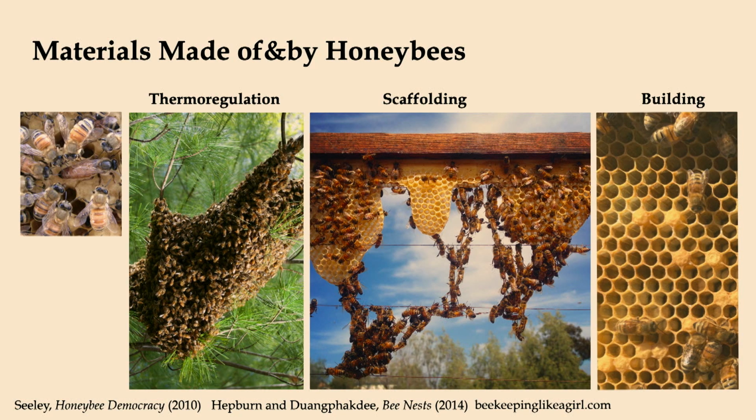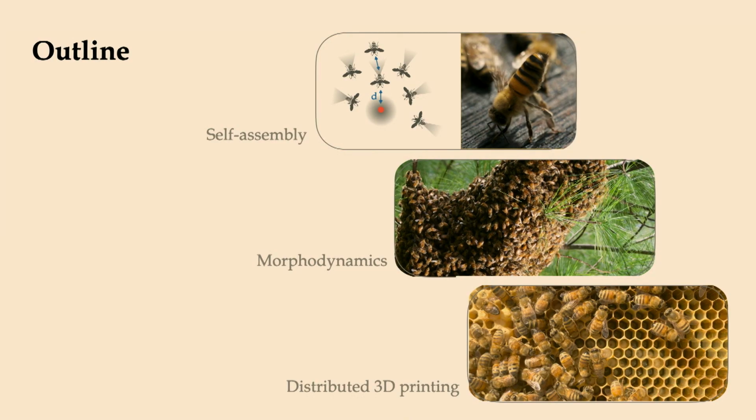So what I want to talk about today is a couple of these processes, but I'll really try to put this in material science terms. First, I'll talk about the self-assembly processes in which honeybees aggregate into a dense group. Then I'll talk about some of the mechanical aspects of the structures that they create, especially when they become three-dimensional.